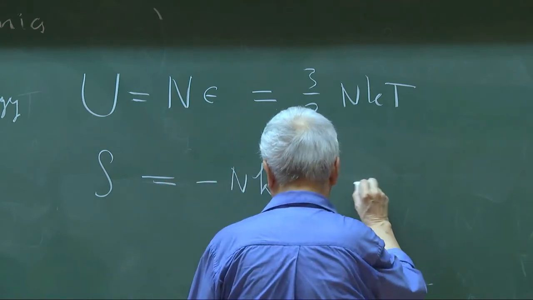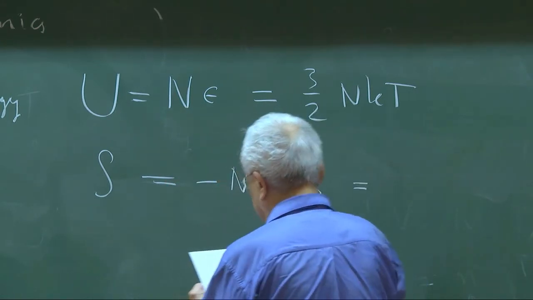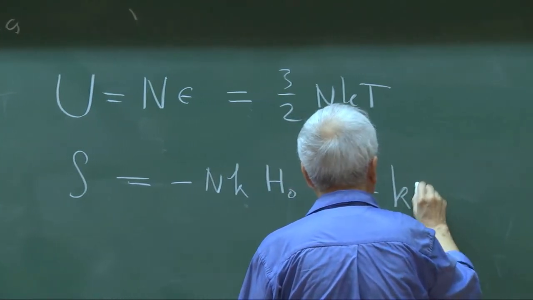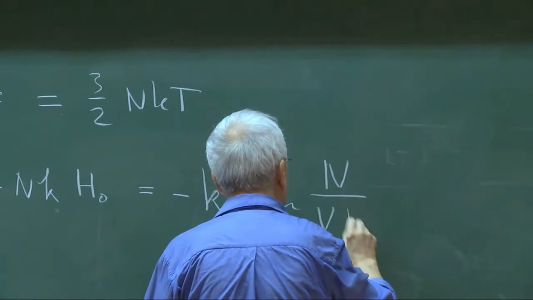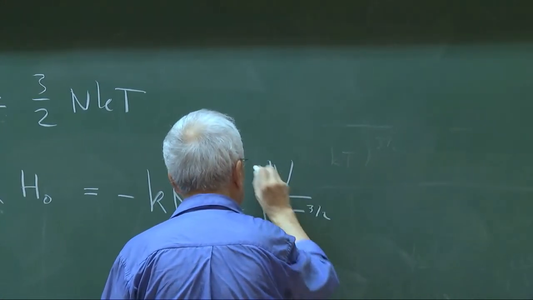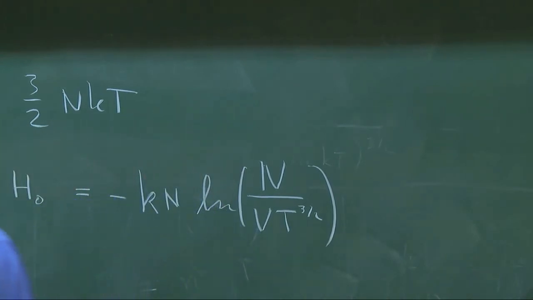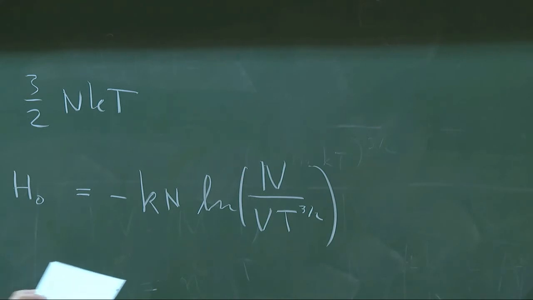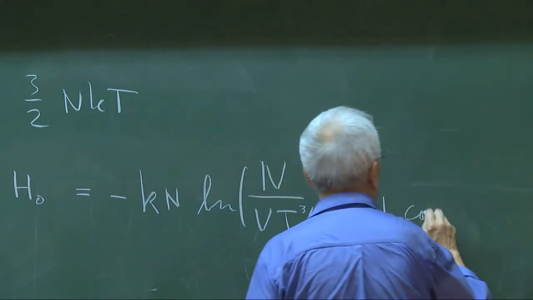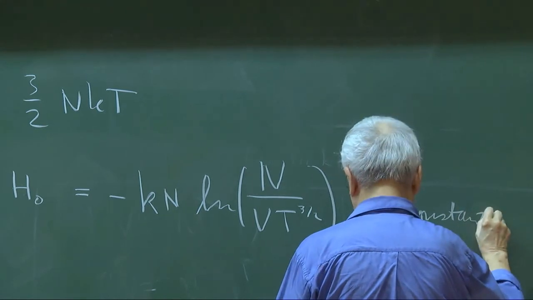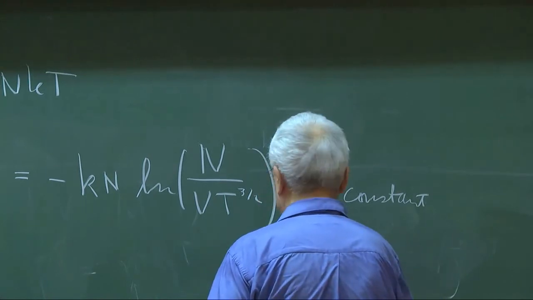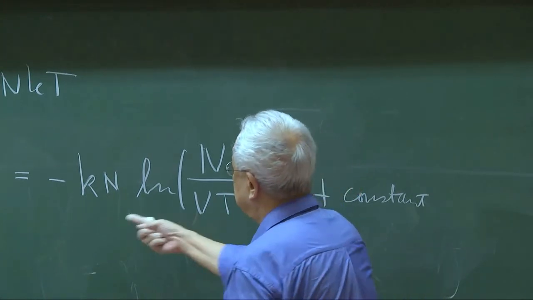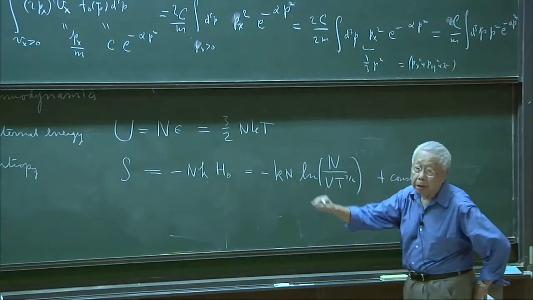So that is equal to, if I use the result from there, minus kN times log of n over V times T to the 3/2 power. And all this junk, 2 pi m and so forth, they're constants. I'm going to take them out. The 3/2 too. So this plus a constant. This assumes that N is a constant also. Therefore, up to a constant, S is signified by this, according to our computations.